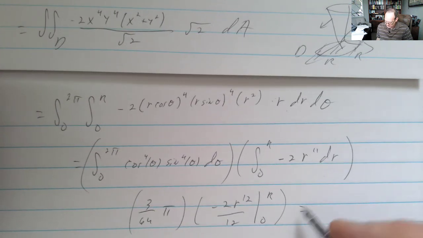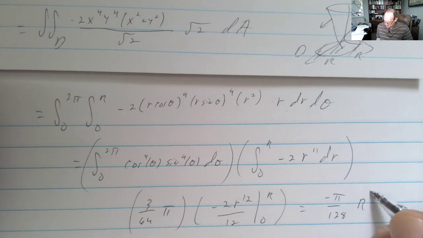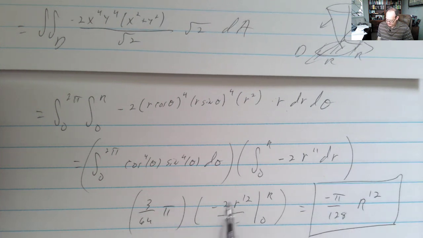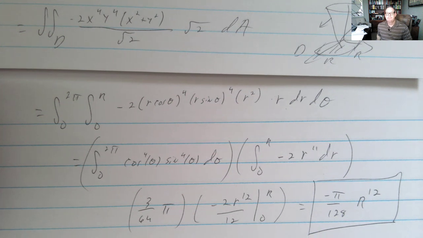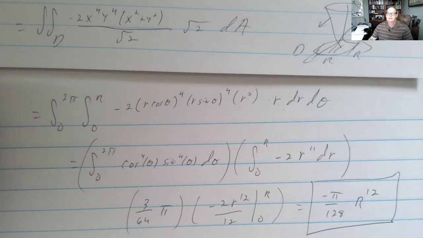So this will just be whatever it'll be. I guess that's a 6. Cancel that 2. So negative pi over 128 r to the 12th. So right, 6, 2, 128. So there's the answer for that one.